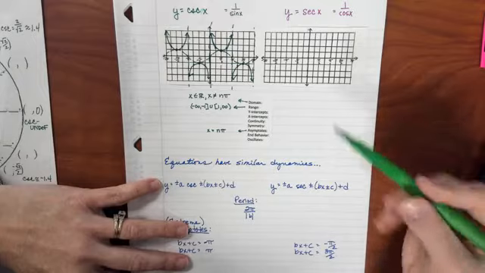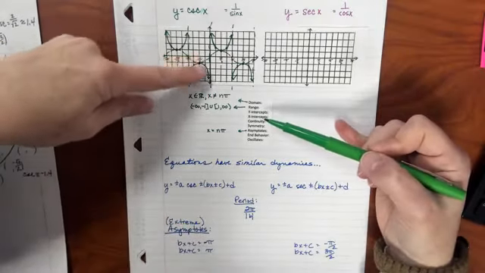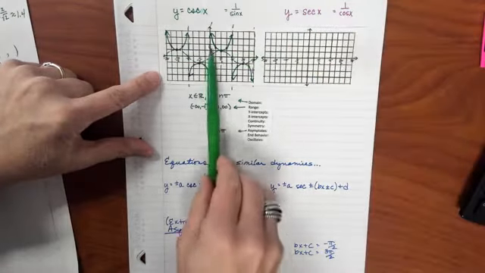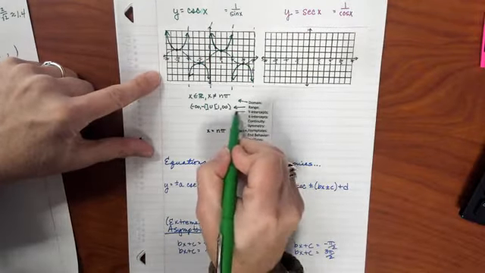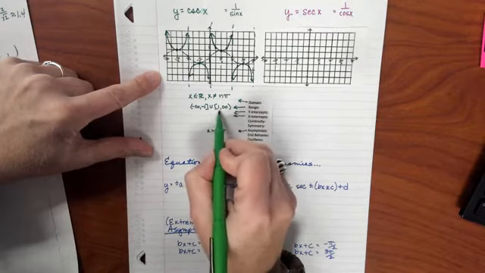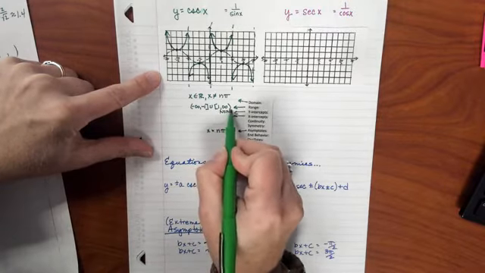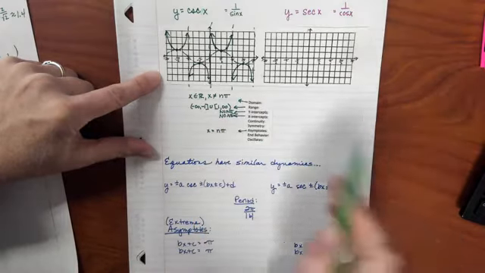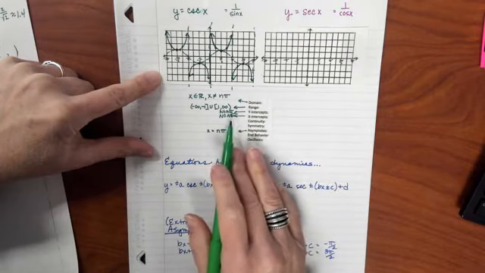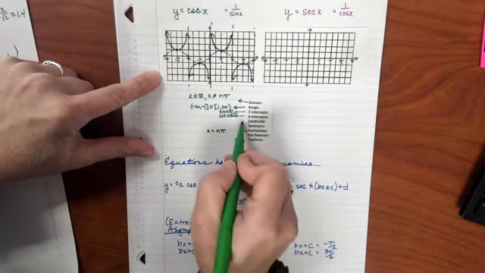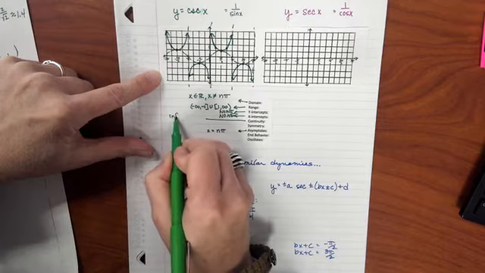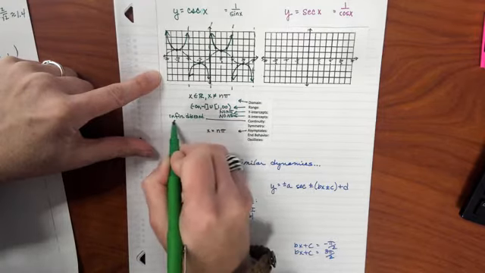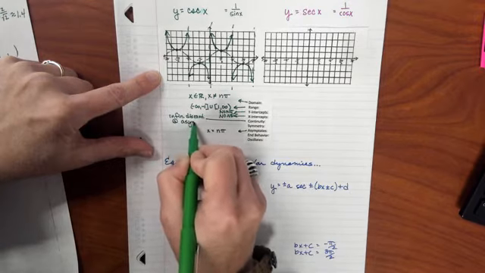Your x-intercepts, your y-intercepts: it will never intersect the x-axis, and it will never intersect the y-axis. So we don't have any x-intercepts or y-intercepts. Is it continuous? It has an infinite discontinuity at those asymptotes.